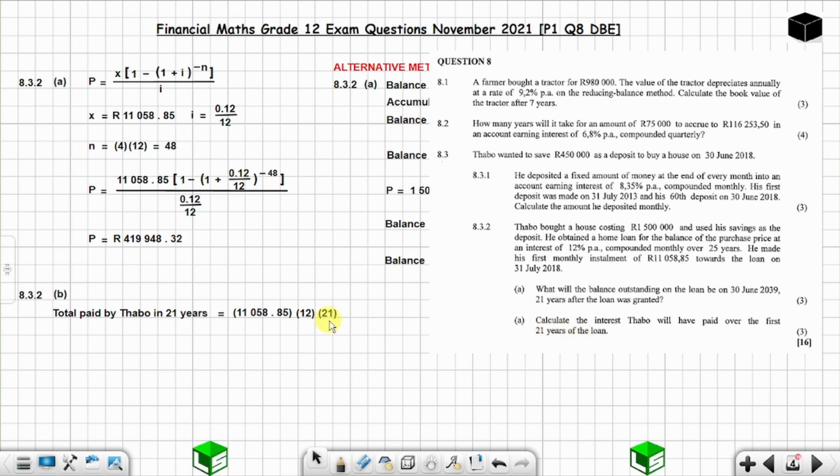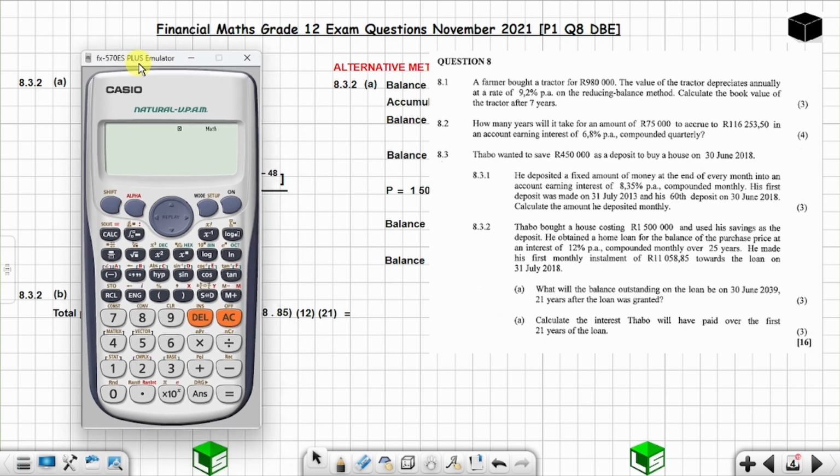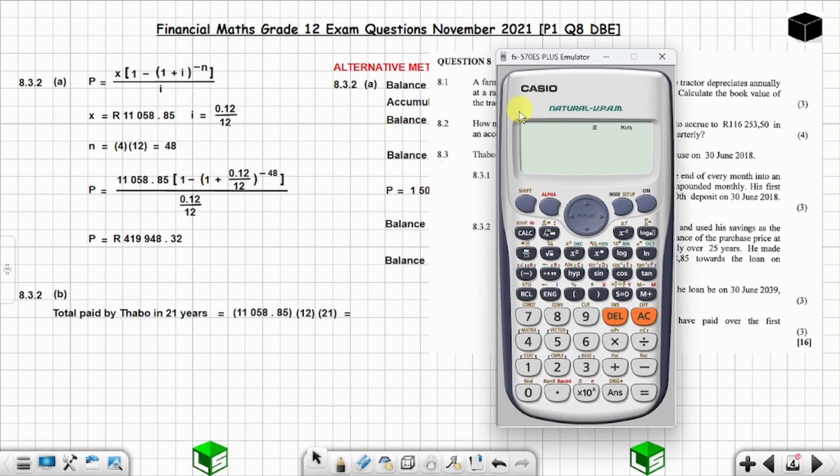Times 12 because he is doing this every month, and times 21 because we want to know for 21 years. So this is equal to, let's see, times 12 times 21.